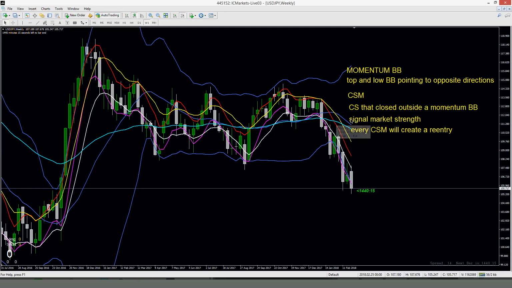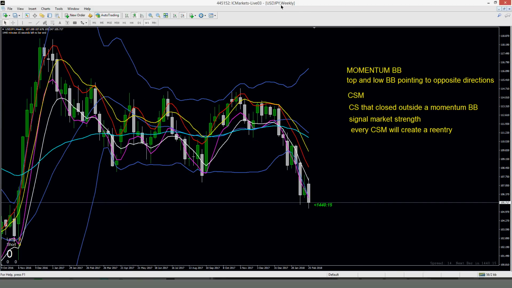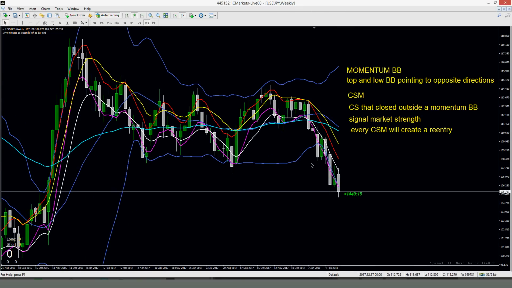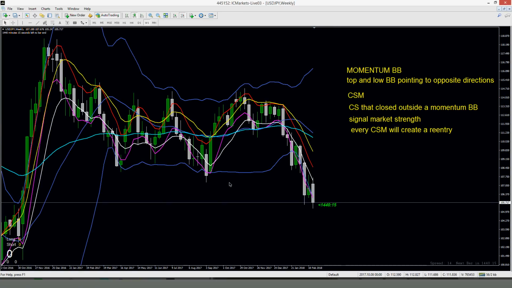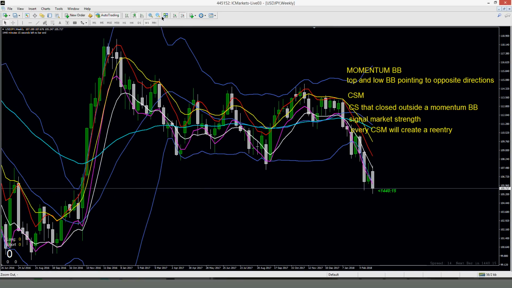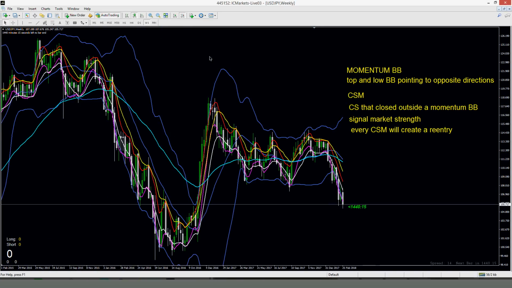All right, so based on this weekly time frame, there's a lot of information that we can already digest over here. First of all, we are able to see that if we're using trend lines, then obviously this is an uptrend, and this should be a point of re-entry buy.